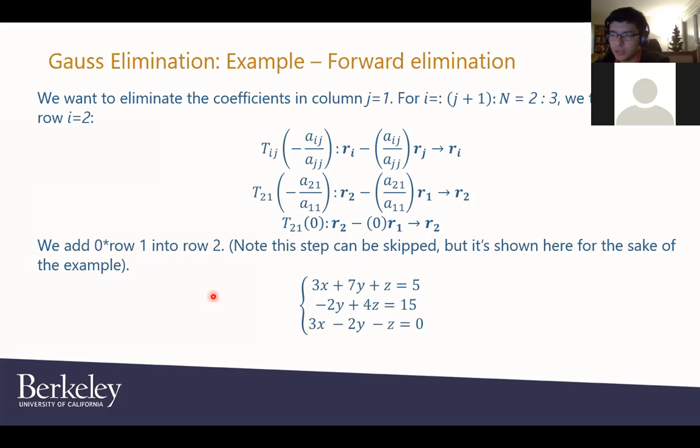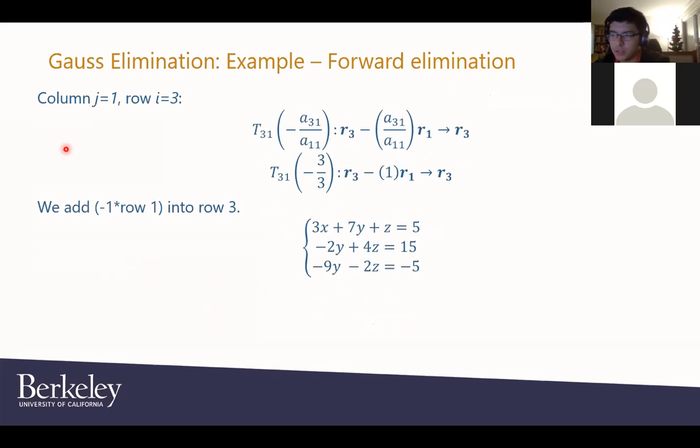So if we apply this to eliminate the first element of this second row, it's already a 0, so nothing changes. But if we go to row 3, we will want row 3 minus this ratio, which is 1 in this case, of row 1, applied to row 3. And if you see here, the first term, the x term, disappears. It goes to 0.